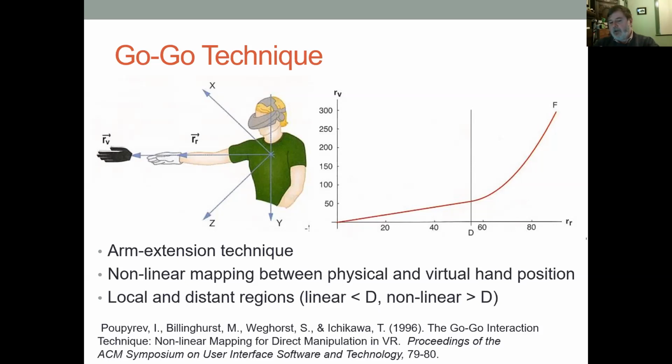The farther I extend my hand, the more it exponentially grows away from where I am. So in one interaction I can handle things that are close, and when I move away, I can reach outside of arm's reach to effectively infinity or some long distance away.